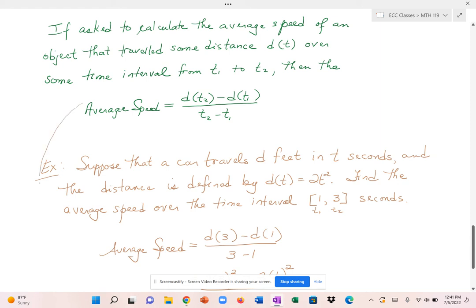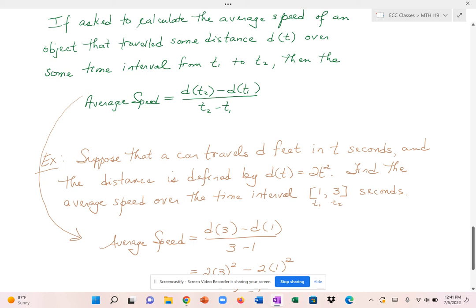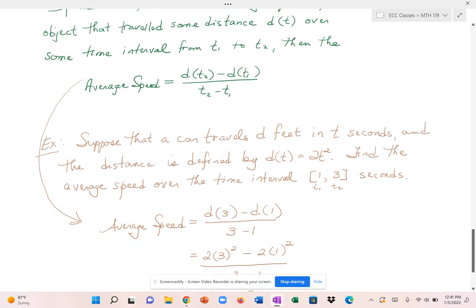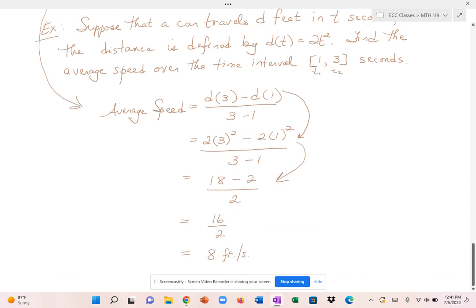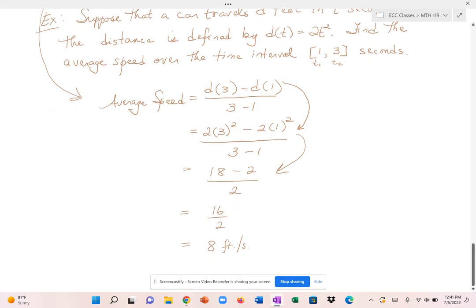So when I plug it into this formula, you plug in 3 first into your d function minus, and then you plug in 1. And that'll be your numerator. 2 times 3 squared minus 2 times 1 squared over the difference in your t values, 3 minus 1. So that leaves us with 18 minus 2 over 2, which is 16 over 2, for a final average speed, which is an average rate of change of 8 feet per second.